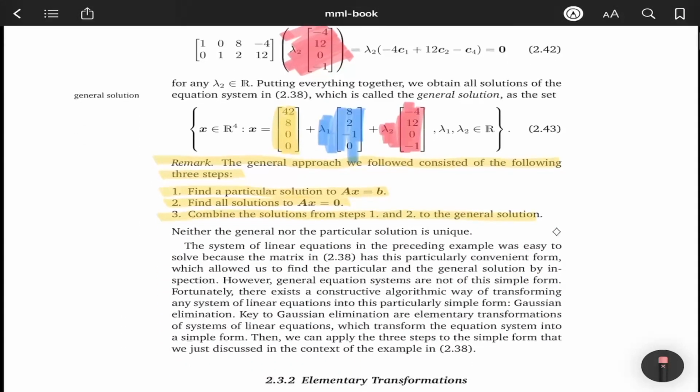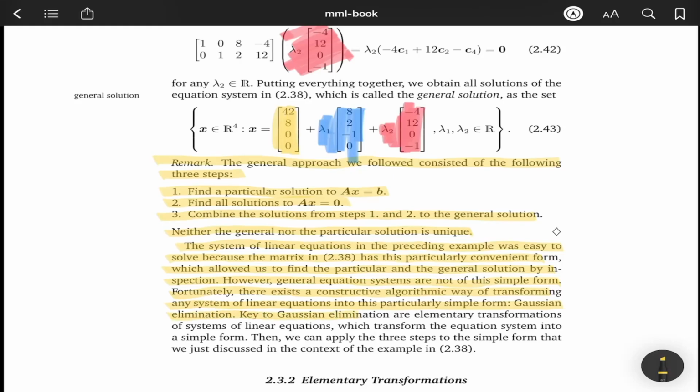That makes sense. Neither the general nor the particular solution is unique. The system of linear equations in the preceding example was easy to solve because the matrix has this particular convenient form, which allowed us to find the particular and the general solution by inspection. However, general equation systems are not of this simple form. Fortunately, there exists a constructive algorithmic way to transform any system of linear equations into this particular simple form: the Gaussian elimination.